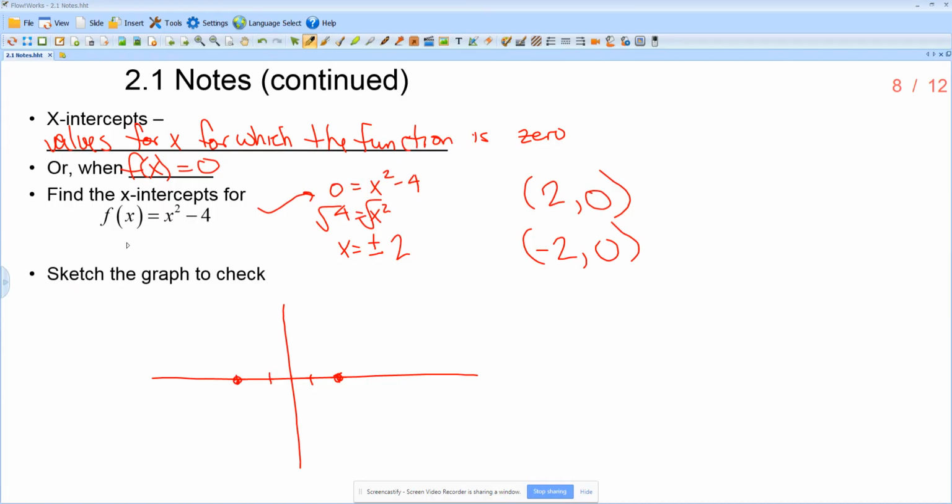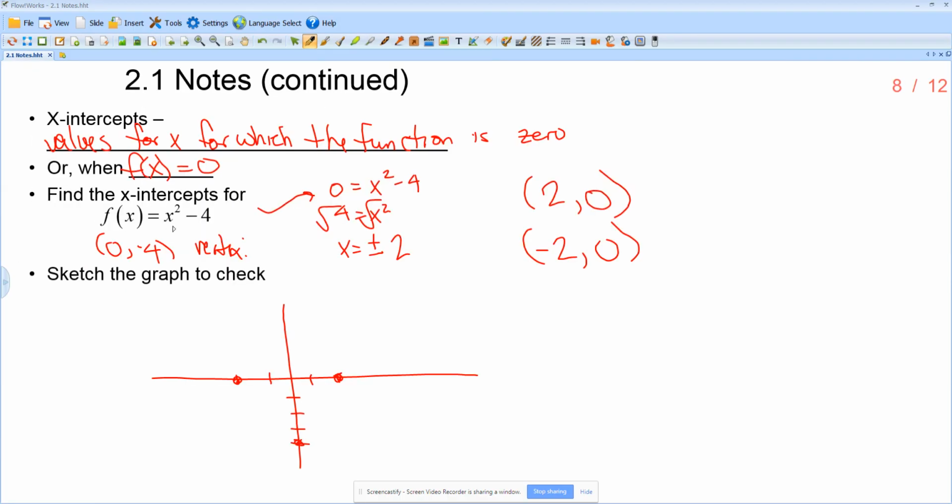If you wanted, you could even talk about the y-intercept. Y-intercepts are when I substitute 0 in, and what I get here is negative 4. You could also talk about the vertex. If this is in standard form, h is the thing in parentheses with x.